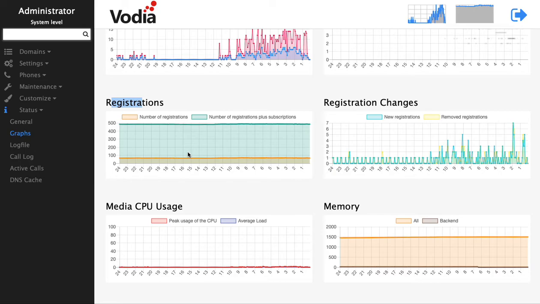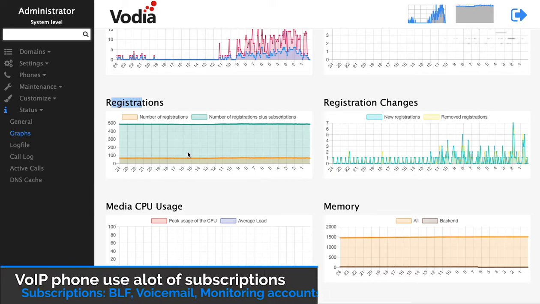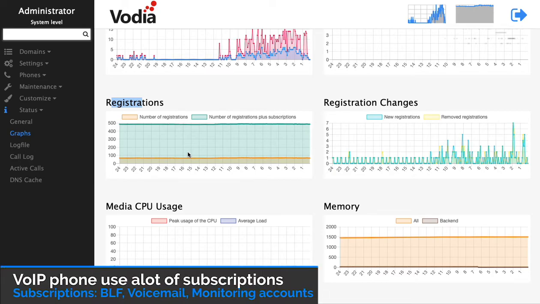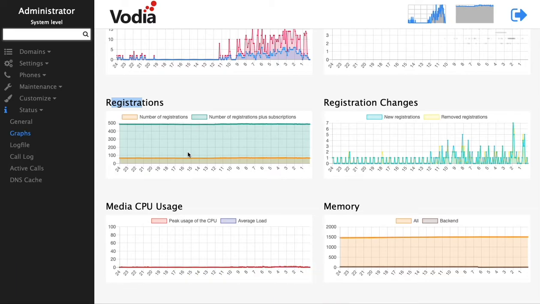And like with the calls graph, we also show you the number of registrations plus subscriptions, because from a resource point of view, the subscriptions are also significant. It's quite normal that there are a lot more subscriptions than just registrations, especially if you're using BLF, because every BLF button is a subscription. And so this is also giving you an overview on how the system is doing there.